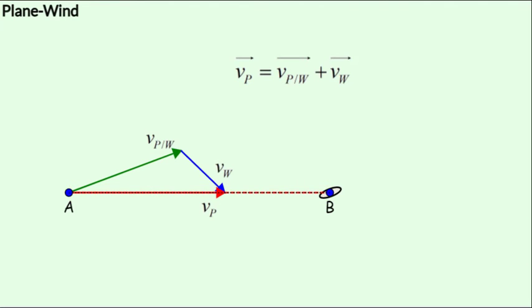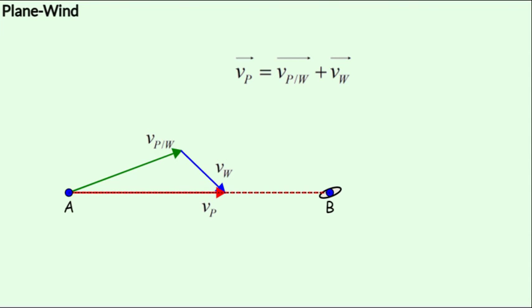We cannot afford to have a drift if we are to land at B. So the pilot must head out as shown along vector Vp with respect to W, also seen in the orientation of the plane, parallel to the vector Vp with respect to W, so that when the wind velocity vector Vw is added to it, the resultant vector Vp is horizontal, or is aligned with the line joining the cities A and B.